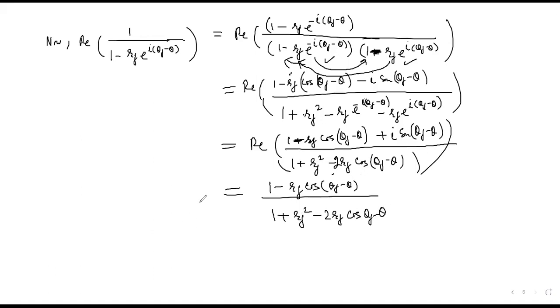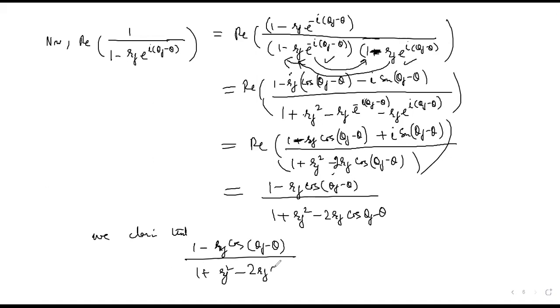ठीक है? Now what we do, we claim that 1 minus rj, let's go, okay, cos of theta j minus theta into right hand side है, ये है r sub j divided by 1 plus rj square minus twice rj cos of theta j minus theta is greater than equal to 1 plus rj.